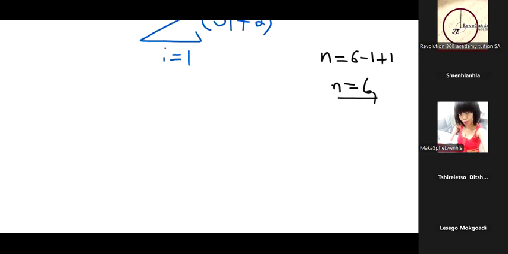So i equals 1, i equals 2, i equals 3, i equals 4, i equals 5, and i equals 6.